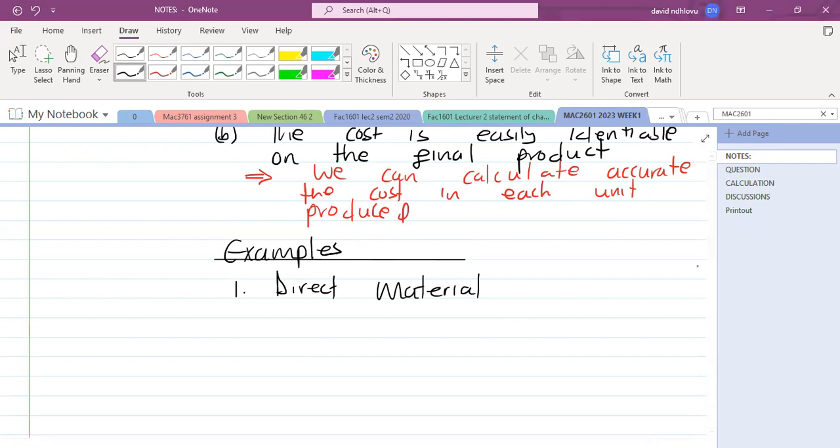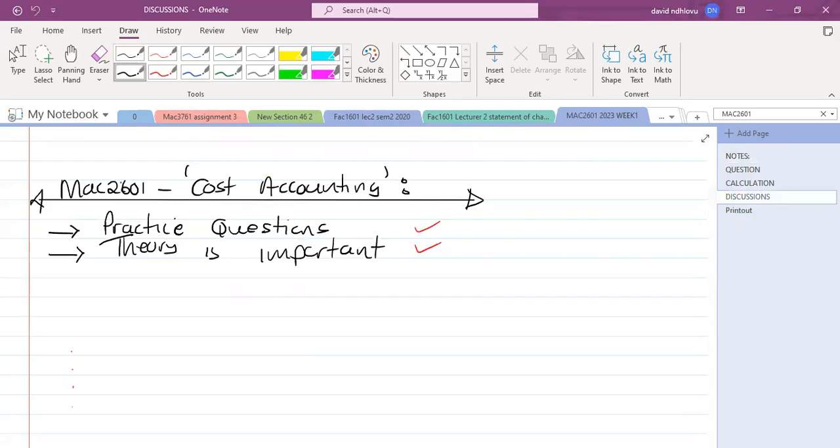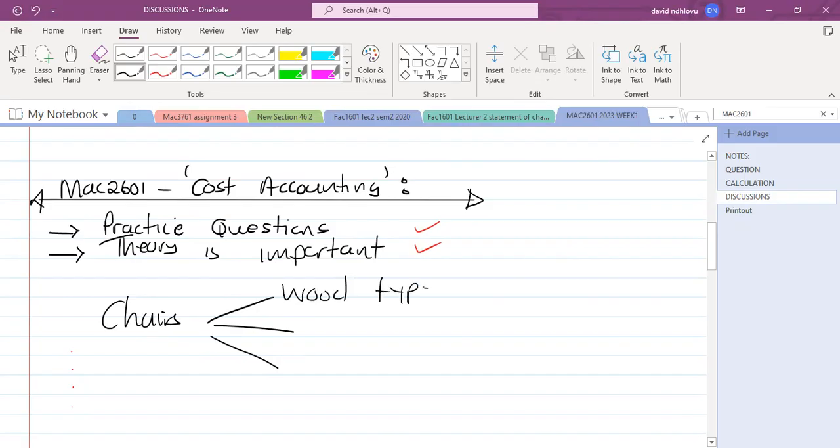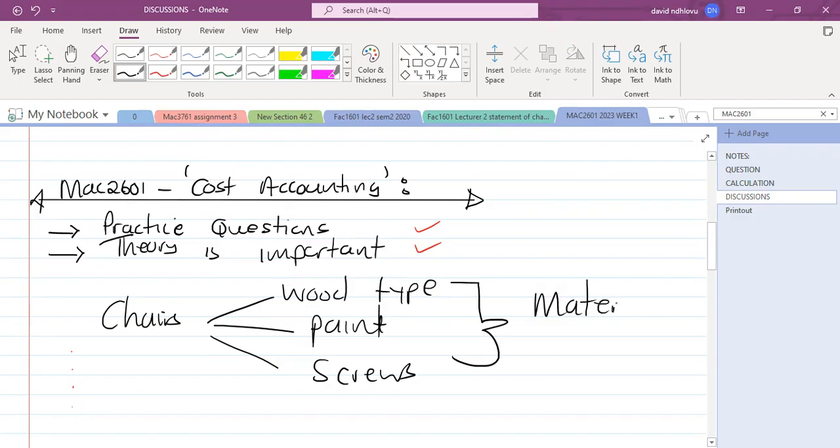Product. If I want to make chairs today, I will first sit down and say, what material do I need? I will determine the type of wood, the paint, and the screws that I need. These things are called material. These are all raw materials. Then I combine them and produce my chairs.